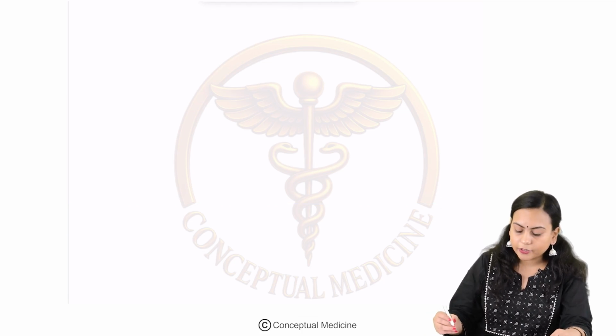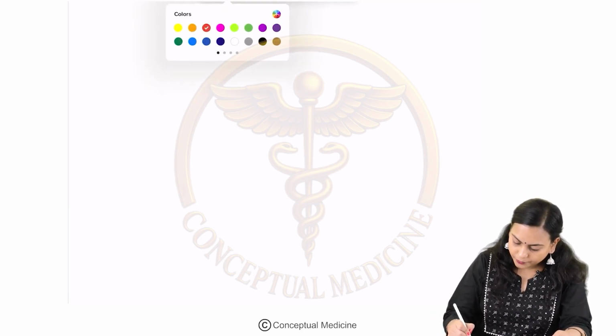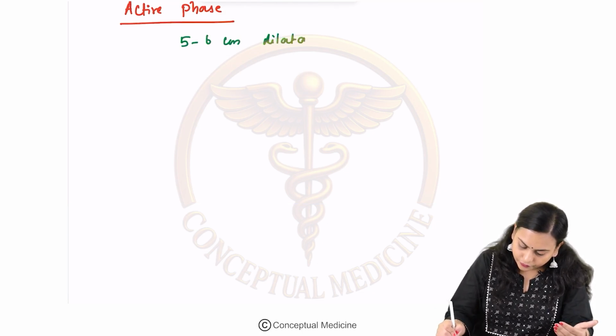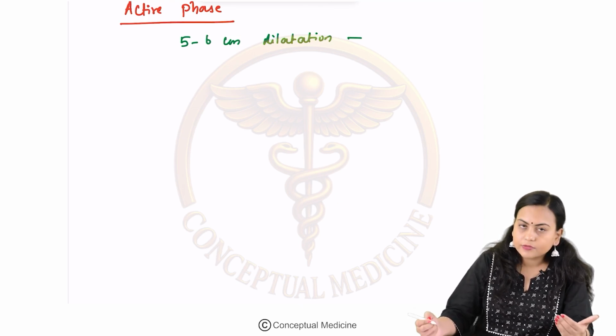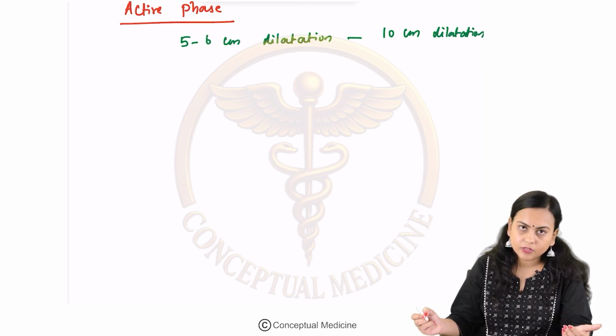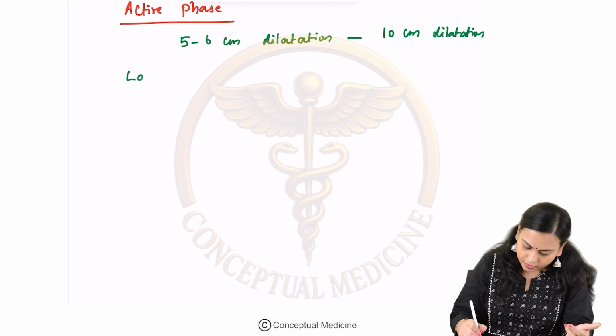Now, we will see about the active phase of first stage. Active phase begins at 5 to 6 centimeters of dilatation and ends with full dilatation of cervix, that is 10 centimeters.